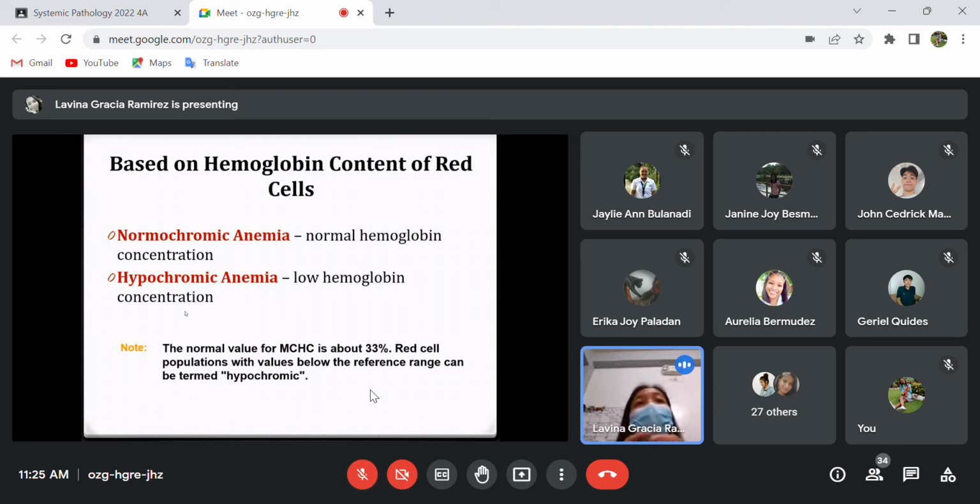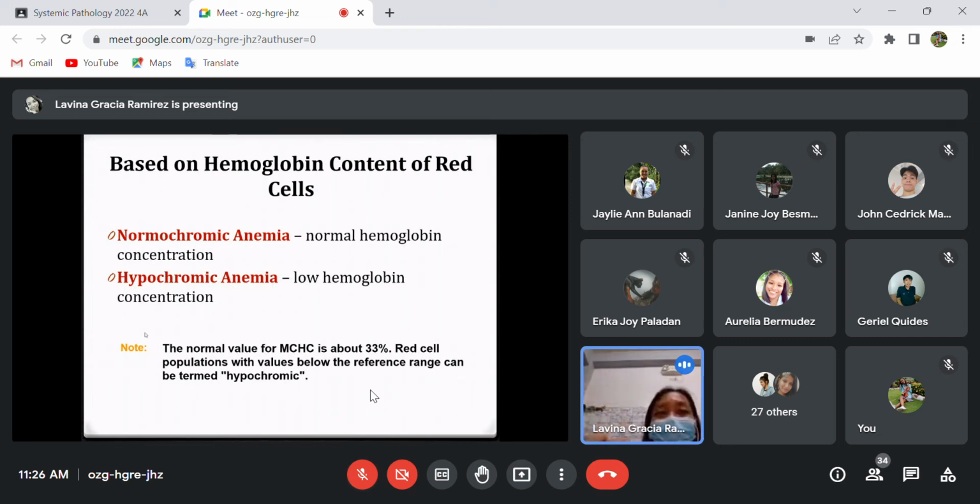If you will notice, we have no hyperchromic anemia, because it is impossible to have hyperchromic anemia; it just follows the saturation level of hemoglobin with oxygen. So we have two pictures here, the normal and the hypochromic. Hypochromic anemia is more of a serious type of anemia.